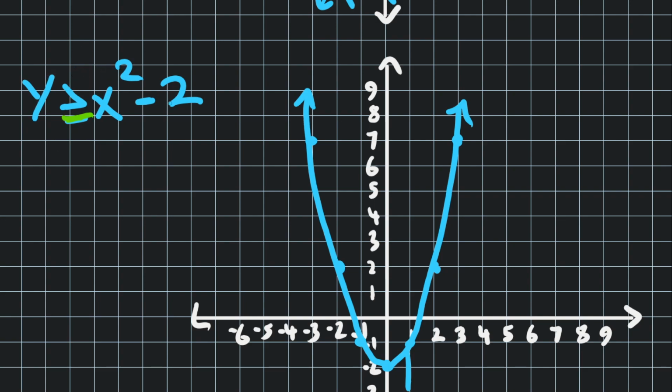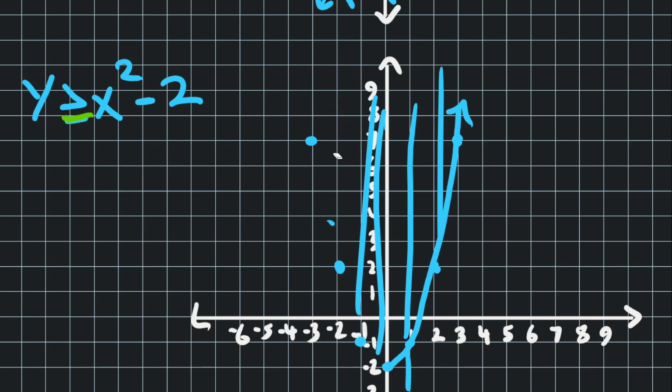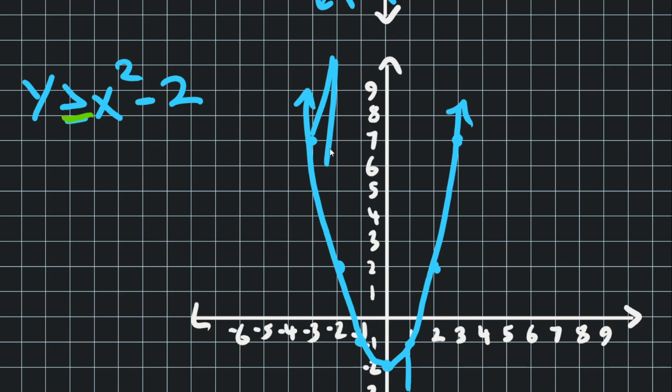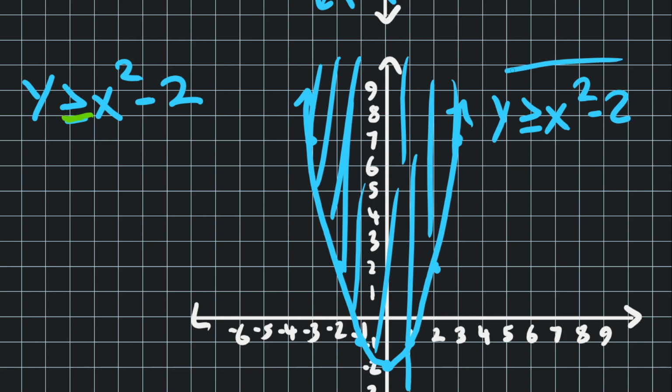So a greater than means we're going to shade above the parabola. So it would be like this. And let's just make that a little more clean, just so it looks nicer. So always try to make your shading just a little clean, a little neat. There we go. And that is how you graph y is greater than or equal to x squared minus 2.